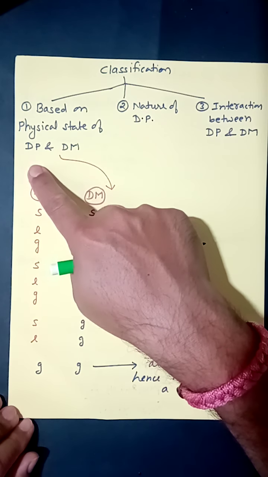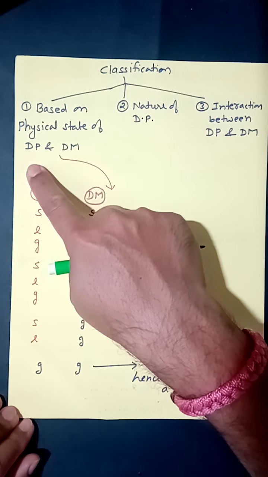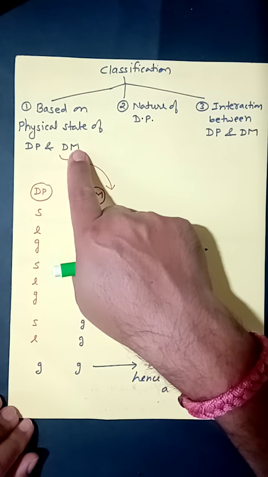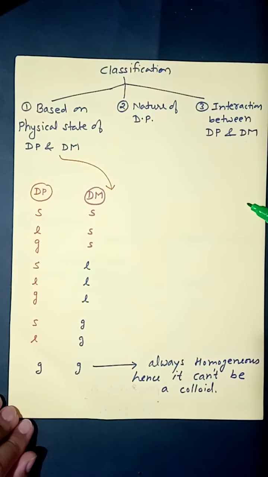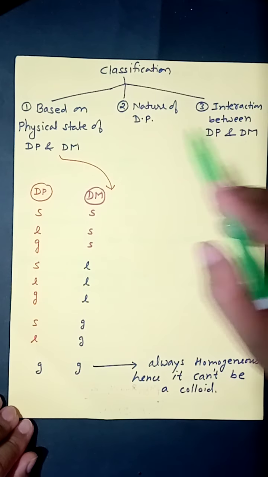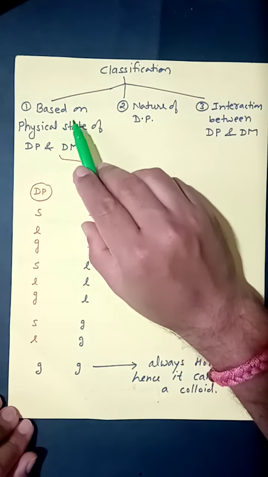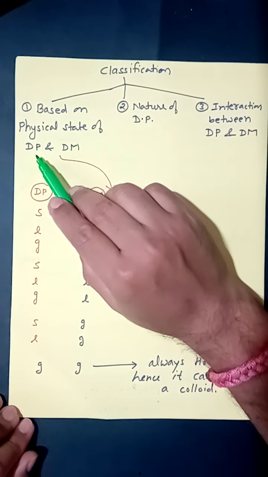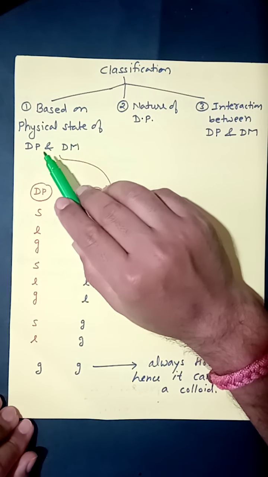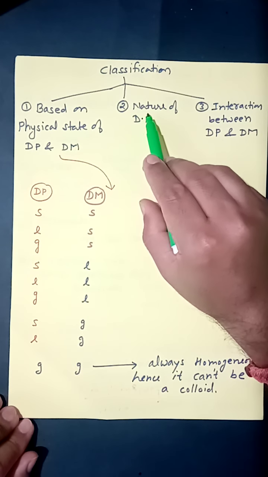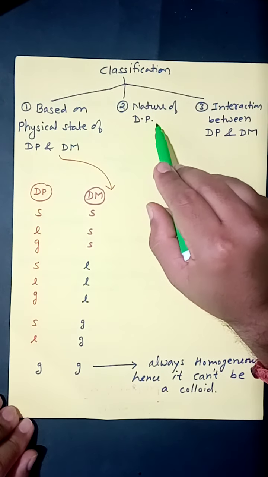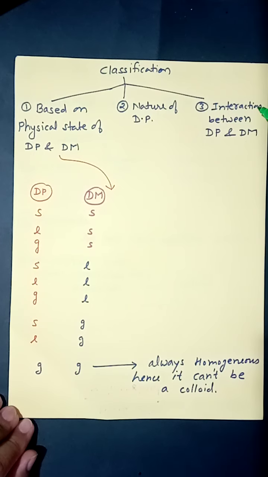Dispersed phase is just like solute particle. So be familiar with these terms, then only you will be able to understand the classification of colloid. First, based on physical state of solute and solvent, meaning dispersed phase and dispersion medium. Second, nature of dispersed phase, and third, interaction between dispersed phase and dispersion medium.